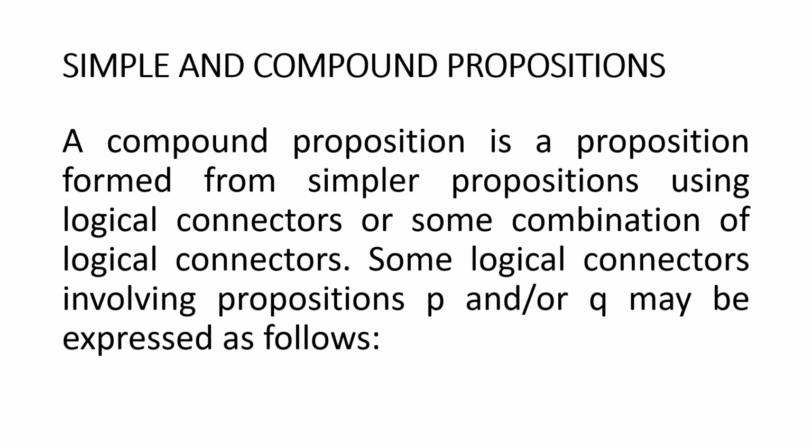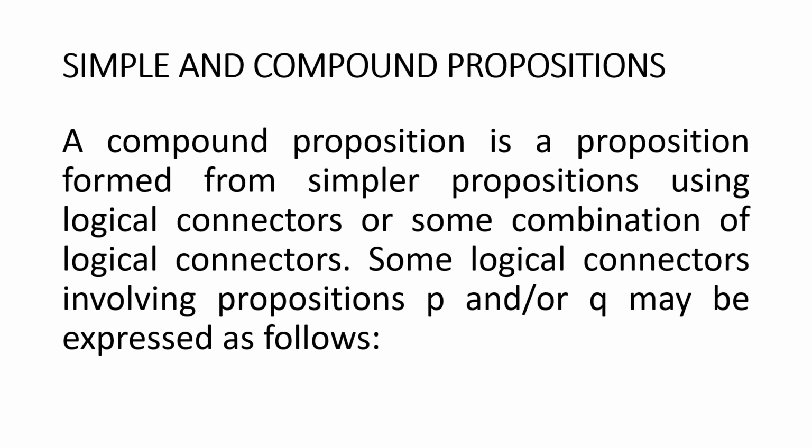Now, there are two kinds of propositions. The first is what we call the simple, and the second is a compound proposition. So a compound proposition is a proposition formed by simpler propositions using logical connectors or some combination of logical connectors.